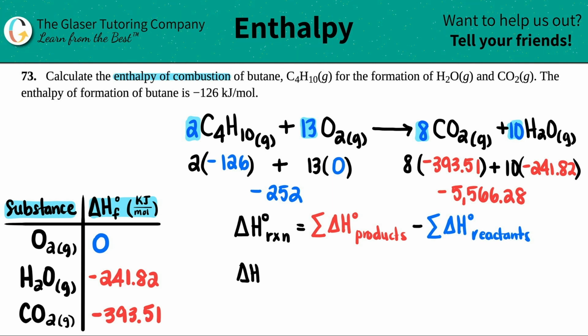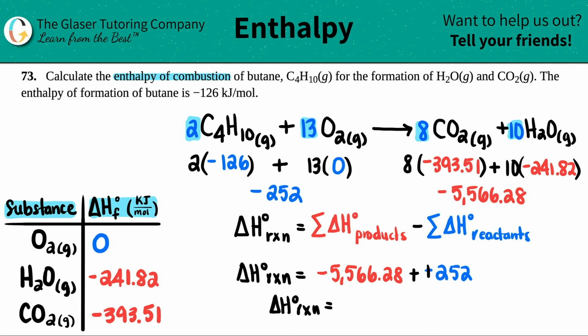The delta H for the whole reaction would be the products, so negative 5,566.28 minus the reactants, which is a negative 252. So remember, keep change. If you're subtracting by a negative, it's just plus a positive.